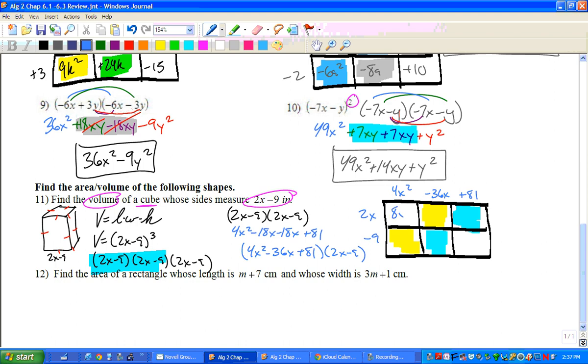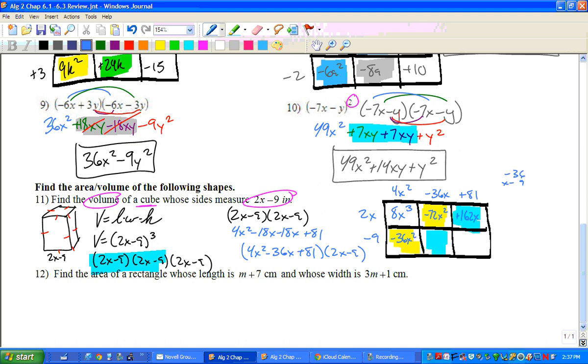2 times 4 is 8x cubed. 2 times negative 36 is negative 72x squared. And 2 times 81, just double it, you should get plus 162x. Now on the bottom, negative 9 times 4 gives us negative 36x squared.